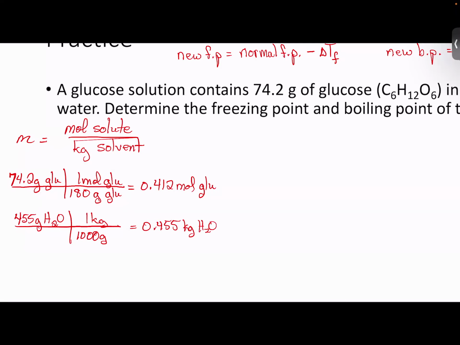Now I have the information to get the molality. That is going to be 0.412 moles of glucose divided by 0.455 kilograms.